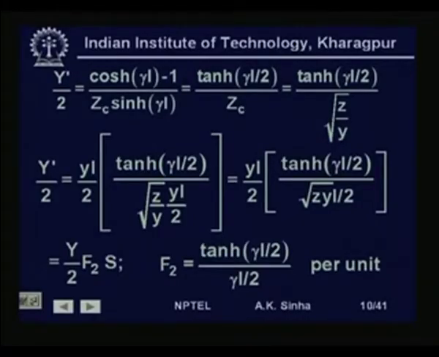These are the accurate ABCD parameters of the transmission line, or the accurate parameters for the pi equivalent circuit of the line. Now, most of the time, since these relationships involve hyperbolic functions, doing computation with these is going to be somewhat tedious.